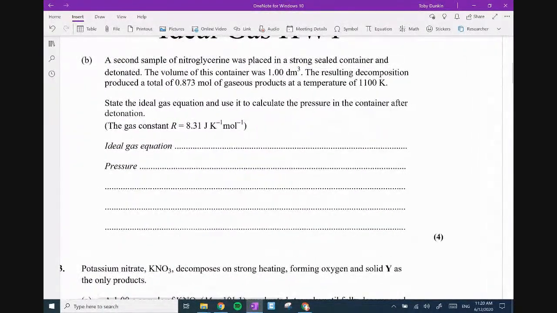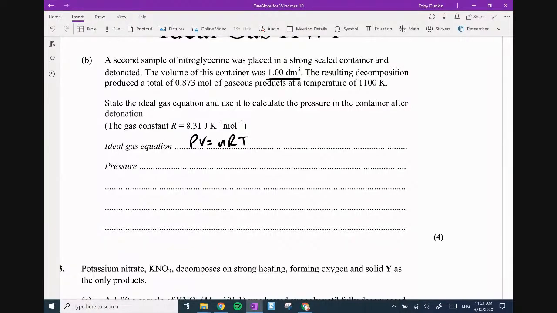Okay, so a second sample of nitroglycerin was placed in a strong sealed container and detonated. The volume of the container was 1 dm cubed. The resulting decomposition produced a total of 0.87 moles of gaseous products at this temperature. Use this to calculate the pressure. Right, ideal gas equation, PV equals nRT.